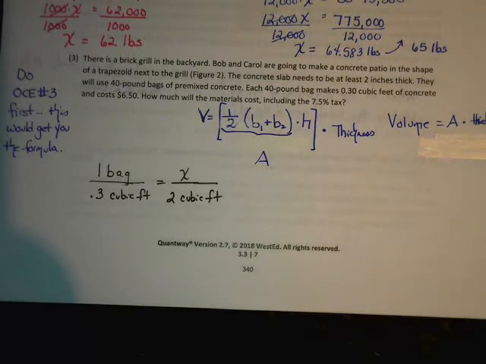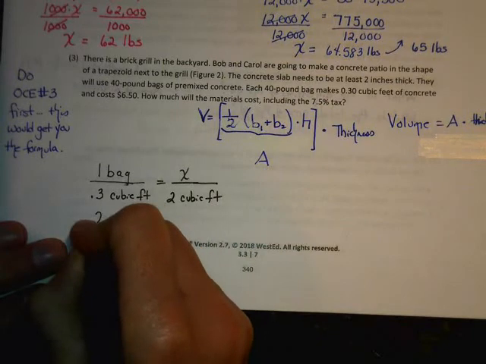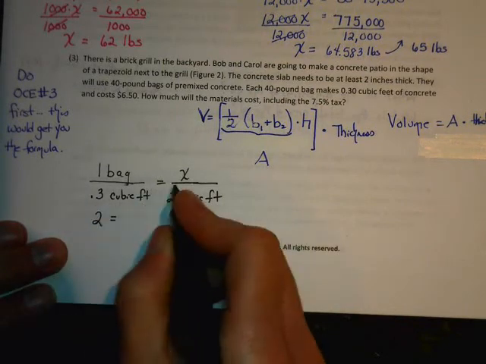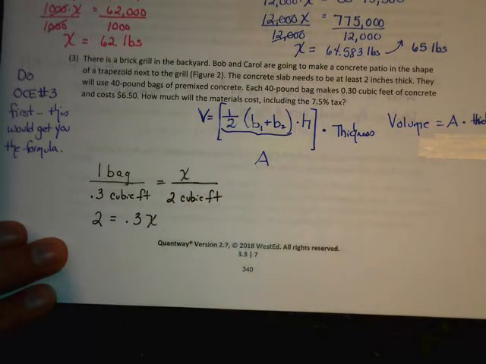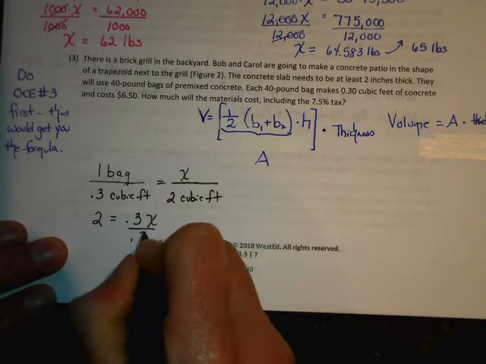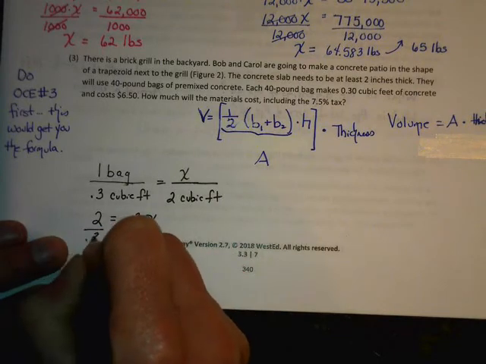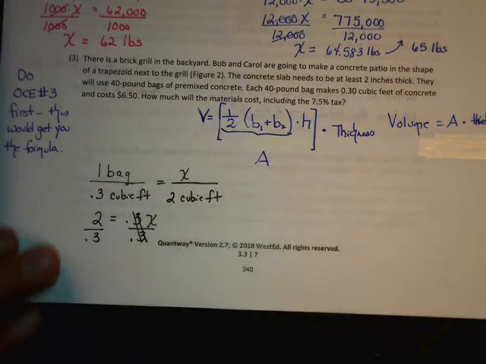Okay, so if we cross multiply, we're going to get 1 times 2. So 2 equals 0.3 times x. If we divide both sides by 0.3, let's see what we get. Let me grab a calculator over here. Okay, ready?